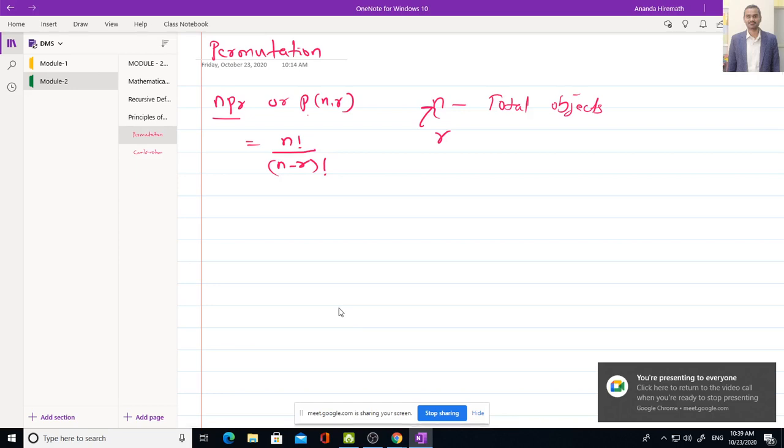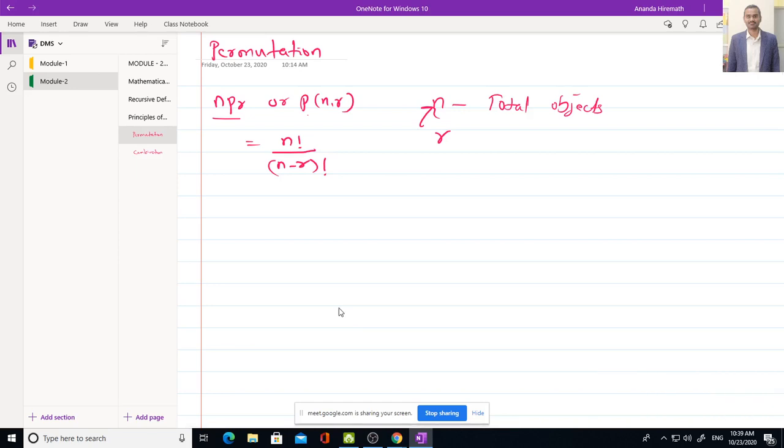Now in this n factorial divided by (n minus r) factorial, let us assume that there are n objects. To choose the first object from n, how many ways will there be? There will be n different ways, because in an earlier example we have seen that if there are 26 letters, then for the first choice we have 26 ways. Now to choose the second object, how many ways will there be?